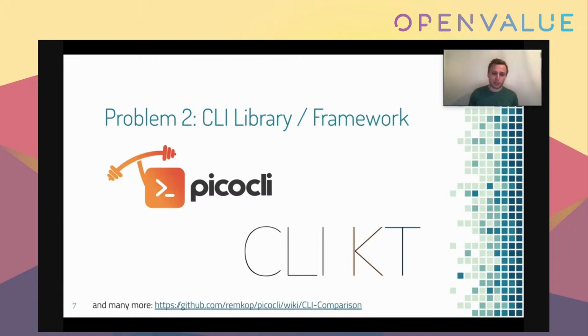However, because Clikt is native for Kotlin and has a very nice DSL for Kotlin, we decided to go for Clikt. Picocli also has this list of command line interface library comparisons, and the link is listed below. There are dozens of libraries and frameworks listed.